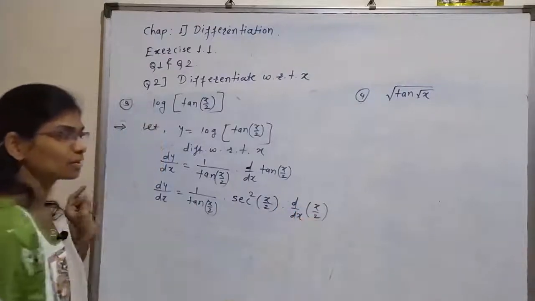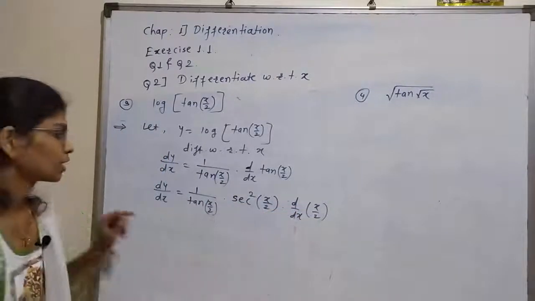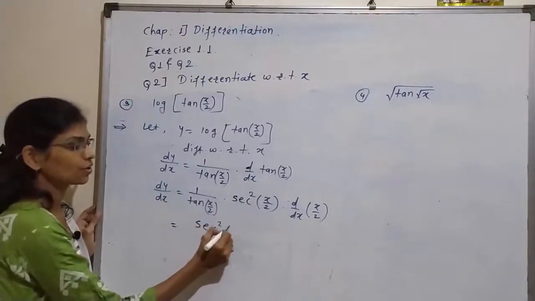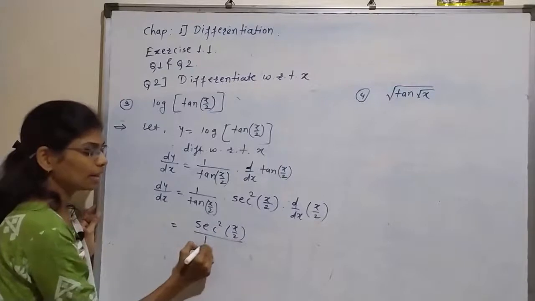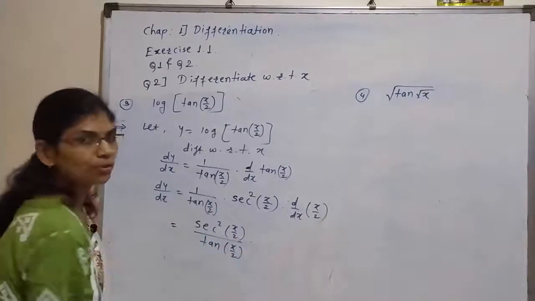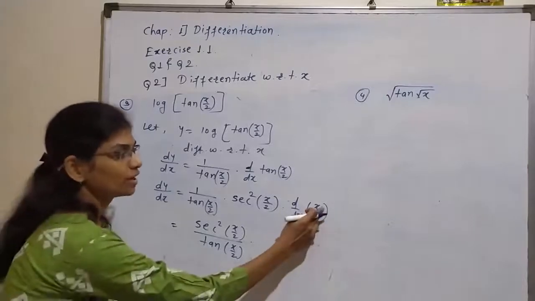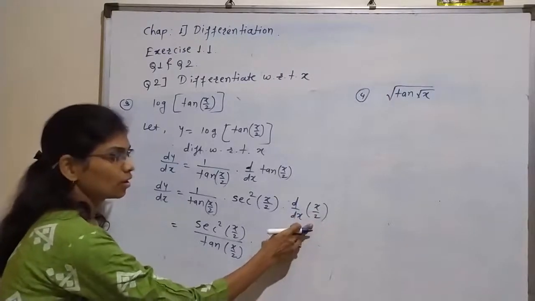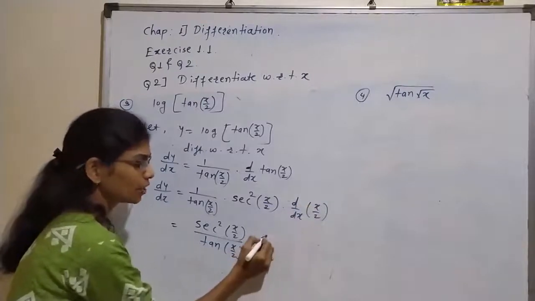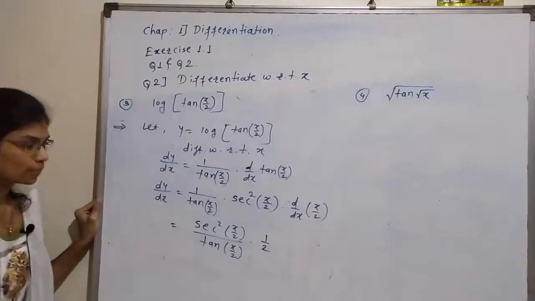Again we have to take the derivative of x by 2. Now we have sec square of x by 2 divided by tan of x by 2, multiplied by 1 by 2, which is a constant, the coefficient of the variable x. Therefore its derivative is only 1 by 2.